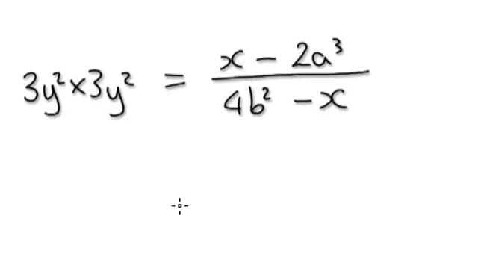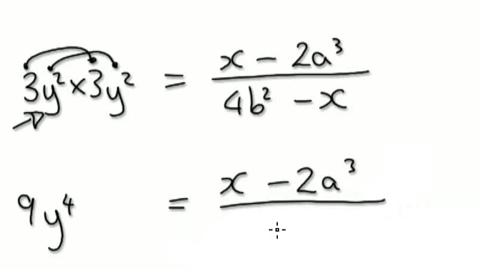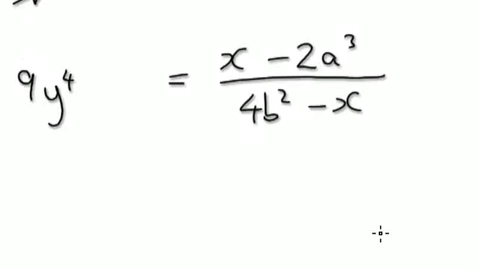Now number times number, so that would be 9, and then the y squared times the y squared, y to the power 4. Remember, we're not doing anything, we're just tidying up this side.